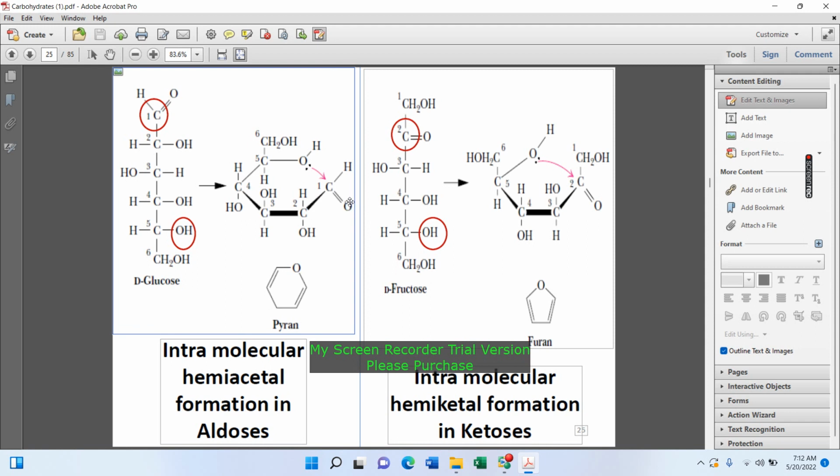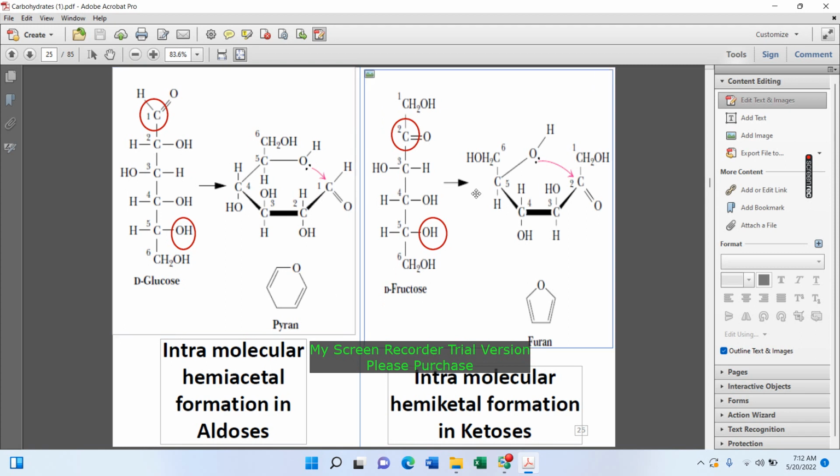After that, as this oxygen now has three bonds, it's unstable. This hydrogen over here, since it's unstable here, gets attached to this oxygen, and the final product is formed.